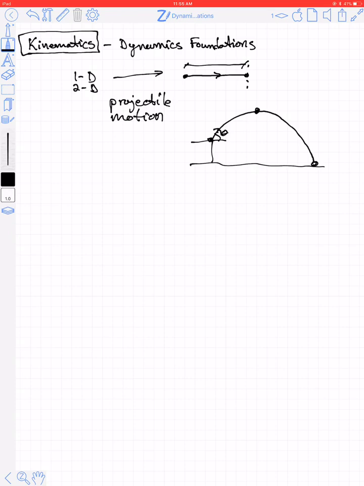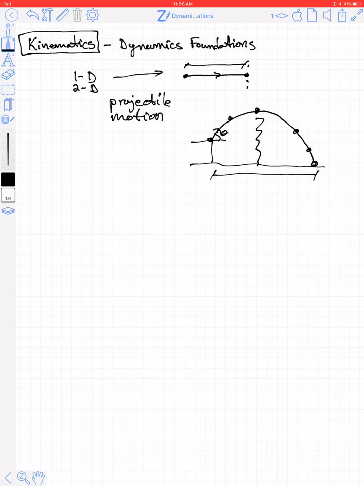And there are lots of different things we could ask about that baseball. What is its highest point? How far did it travel? How long did it take to get to any point along the way?